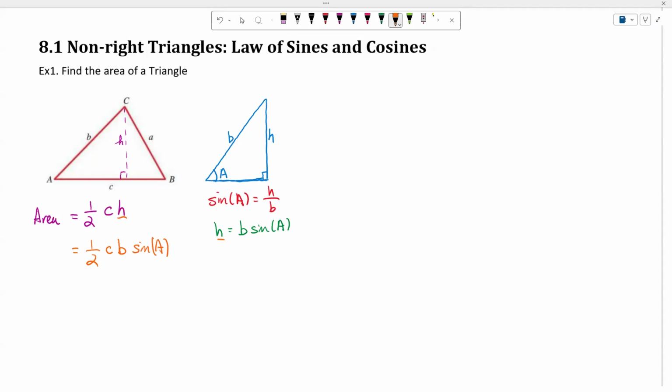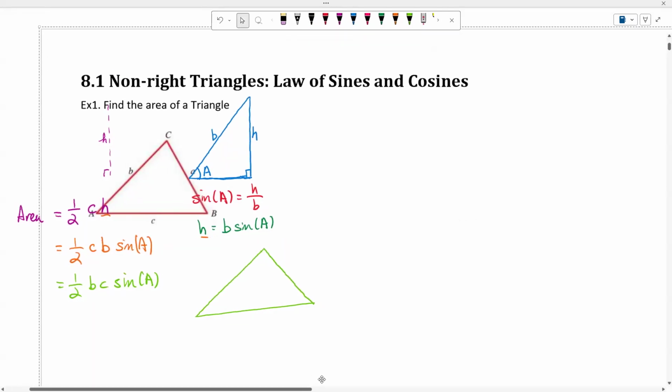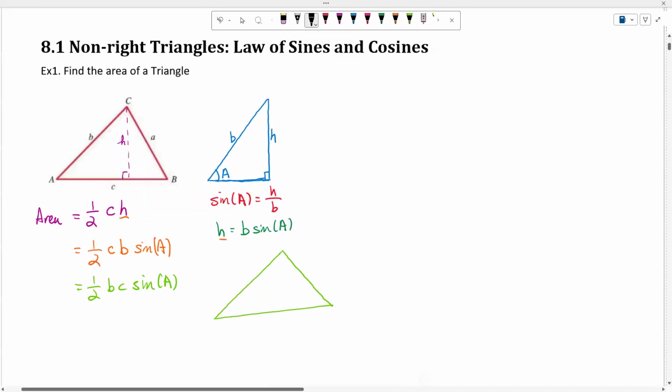Okay, so let's check it out. Maybe let me rewrite this as 1/2 B times C sine of A. So let's see what information we have to find the area of the triangle.